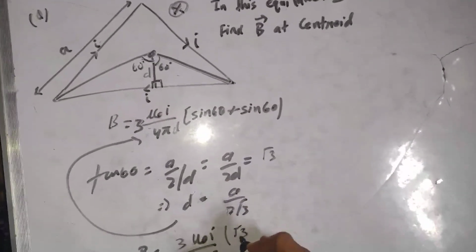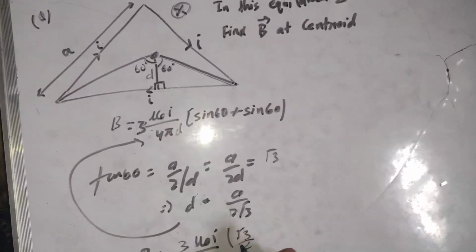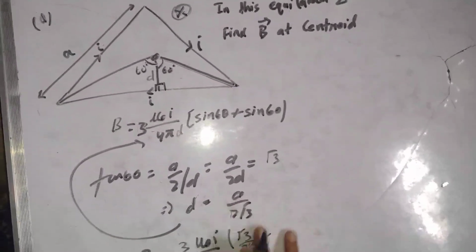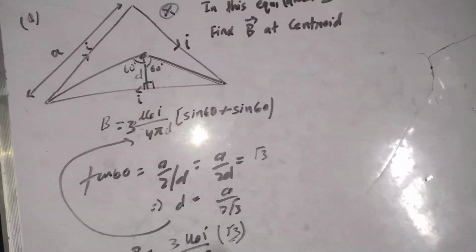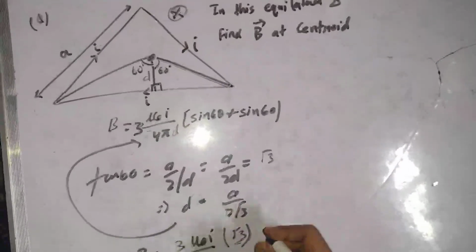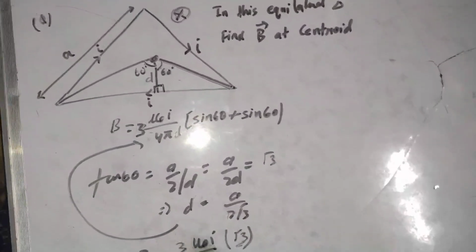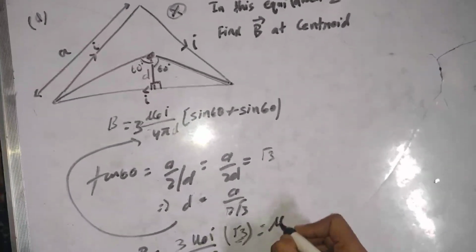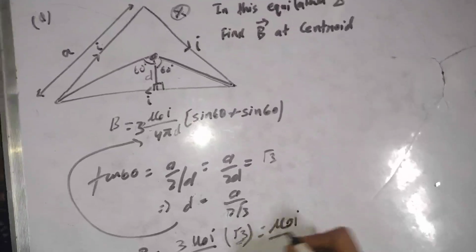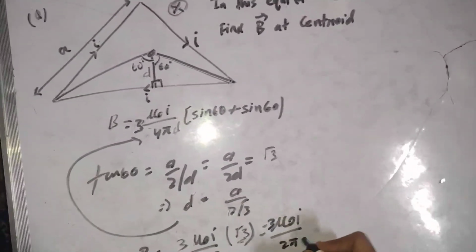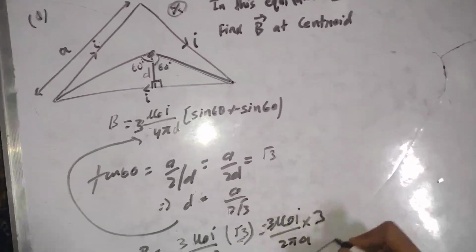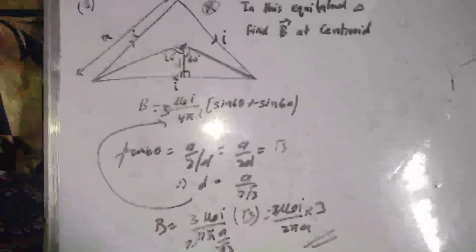Sine 60 is root 3 by 2, so root 3 by 2 into 2, so this cancels, and this is actually root 3, and we got our result. So this root 3 will multiply there, and this 4 cancels by 2, so this becomes 3 mu naught I by 2 pi A. Okay, so that's one of the solutions.